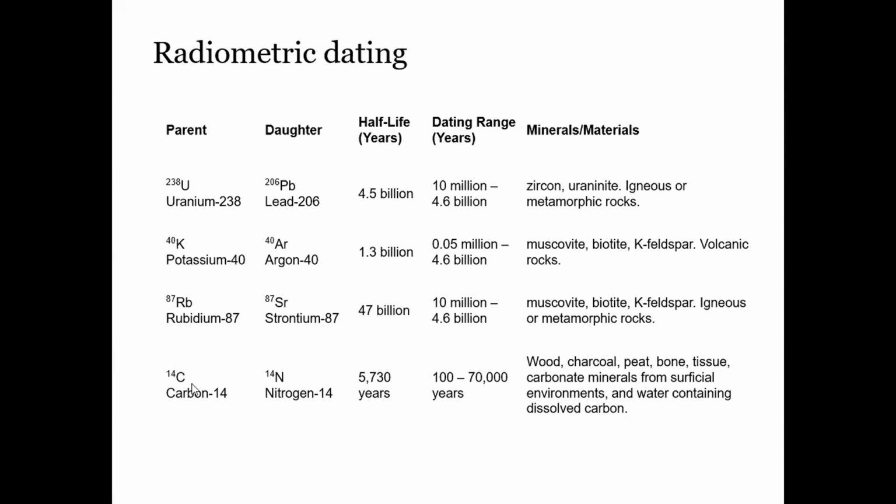Carbon-14 and nitrogen-14 can be employed to find the 100-year to 70,000-year age of wood, charcoal, and other structures like bones, tissues, and minerals that have water and dissolved carbon content in them.